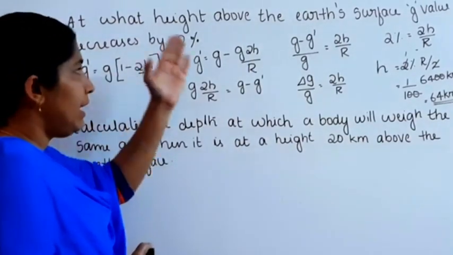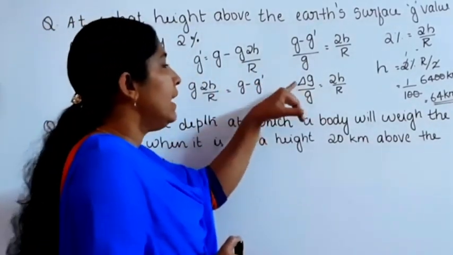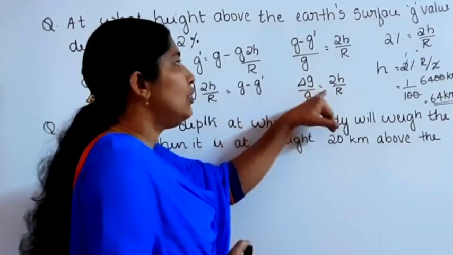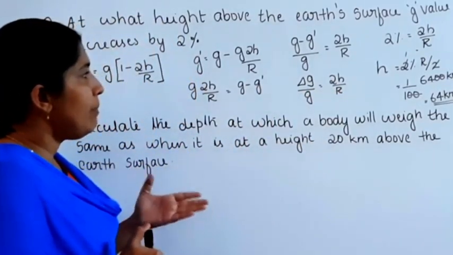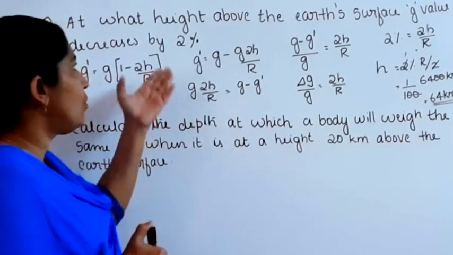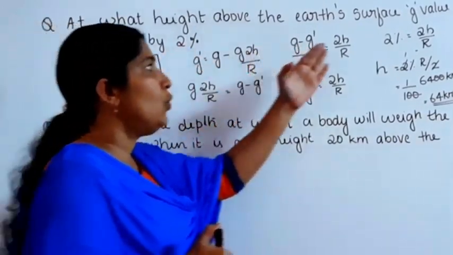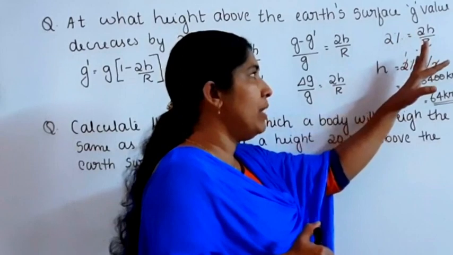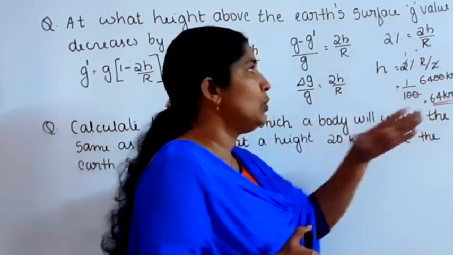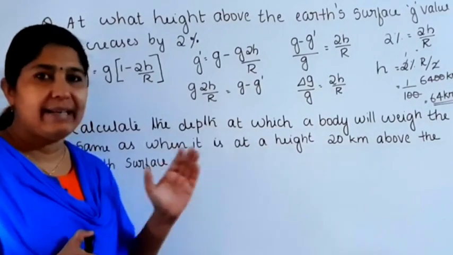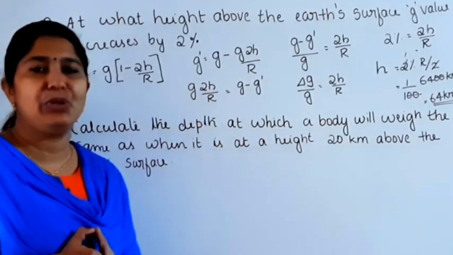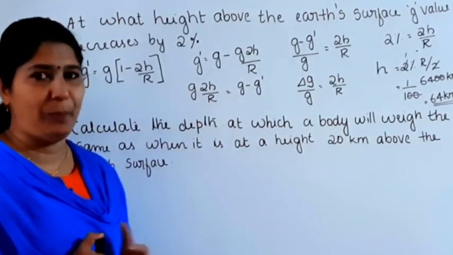On rearranging, we get delta g by g is equal to 2h divided by r. Delta g by g is given as 2%, so 2% is equal to 2h by r. Then h is equal to 64 kilometer. At that height, acceleration due to gravity decreases by 2%.